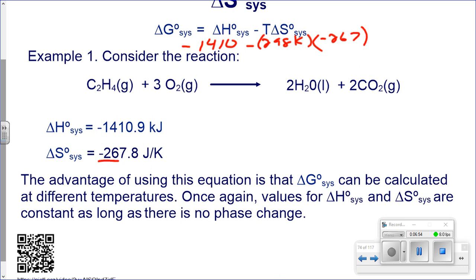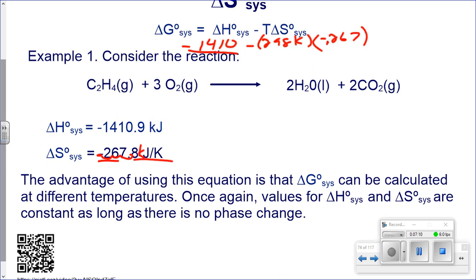When we see this 1410, by the way, I apologize, delta S is 0.267 because that's kilojoules per kmol.